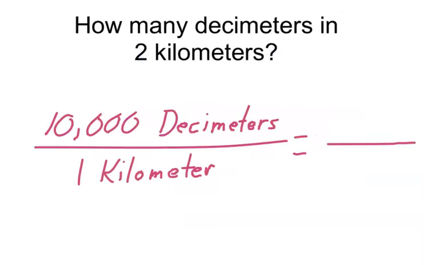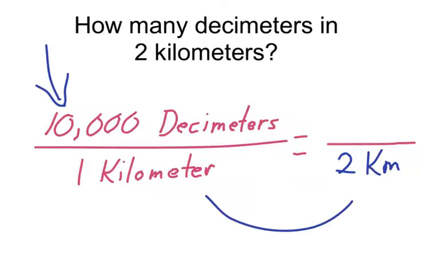How many decimeters in 2 kilometers? Well, I went ahead and gave you the ratio of how many decimeters there are in 1 kilometer. So what would it take to get from 1 to 2 kilometers? Well, that would be times 2, of course. All right, so then what are we going to do with the 10,000 decimeters?